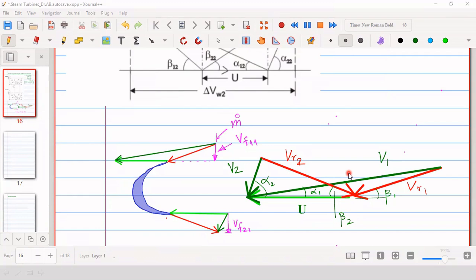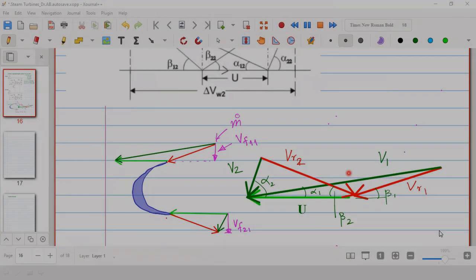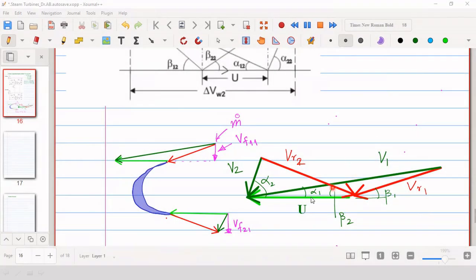So what is that force that the fluid is applying? If the axial velocity of the fluid has been fully stopped, then the total momentum that it would have given to the blade or the wheel is equal to m dot into Vf1, right? Because it was coming with Vf1 velocity.